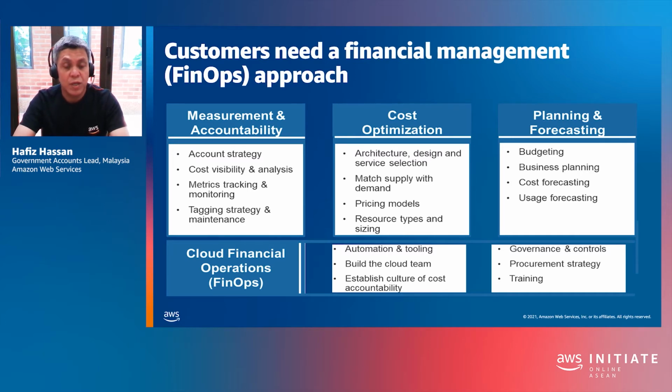We can also help you with forecasting, where you can use Cost Explorer to forecast what will be your AWS spend by end of the month based on your current usage pattern. So Cost Explorer is really, really helpful when it comes to planning and forecasting your use of AWS.